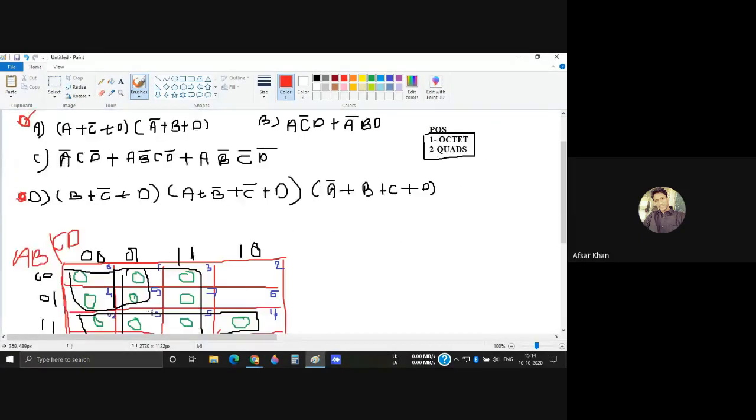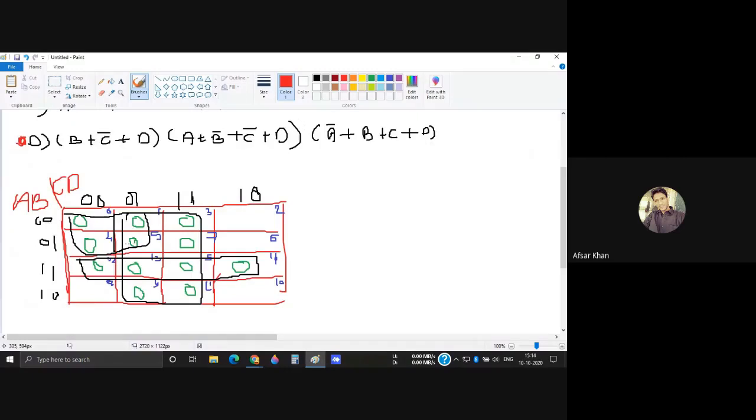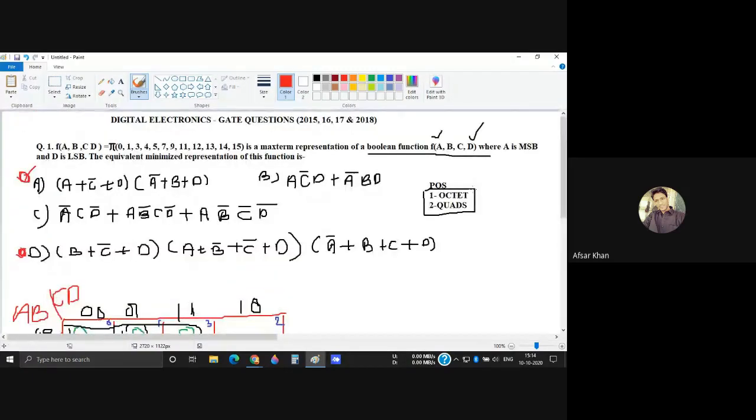But by solving this K-map, we are getting one octet and two quads, meaning our expression should have one octet and two quads. Option D does not represent one octet and two quads. Option A also does not. Then what will be our answer? These two options can be eliminated.